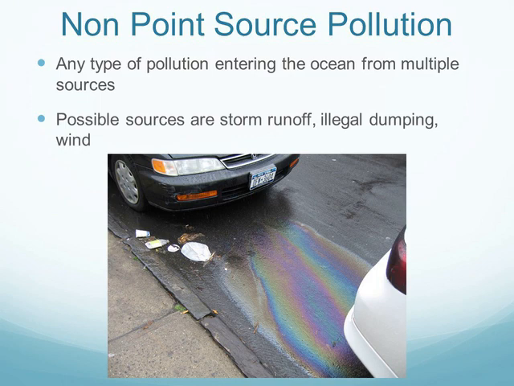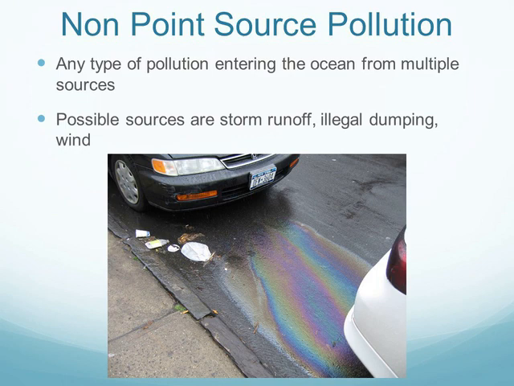So for instance, if we see the image there, it's an image of oil. The cars are parked on the side of the road. You've got some oil leaking from one of them, and you've got some trash over there. If that oil and the trash were to make it into the ocean, that would be considered non-point source because you don't know where that oil started from. Let's just say it started from that black car in that image.